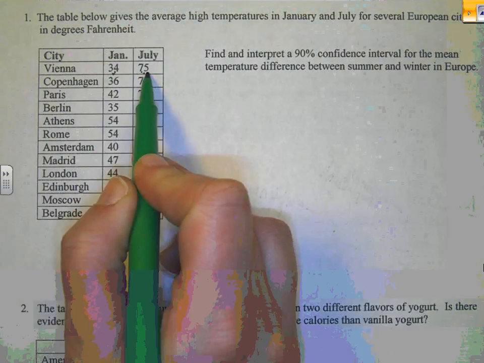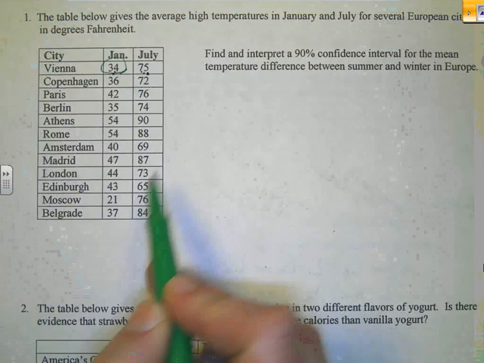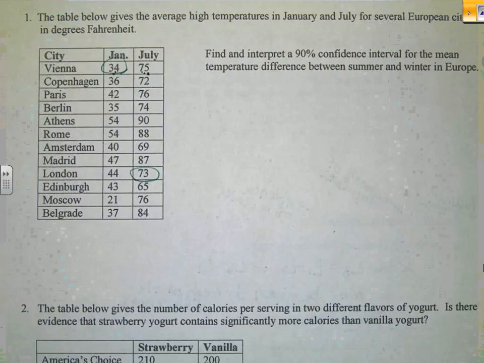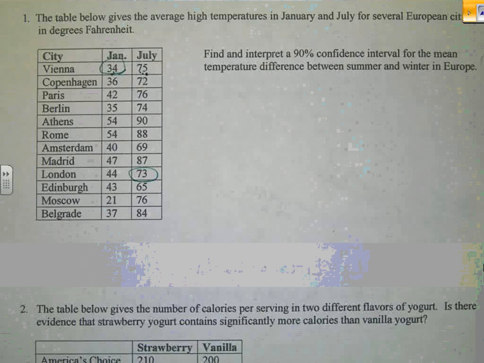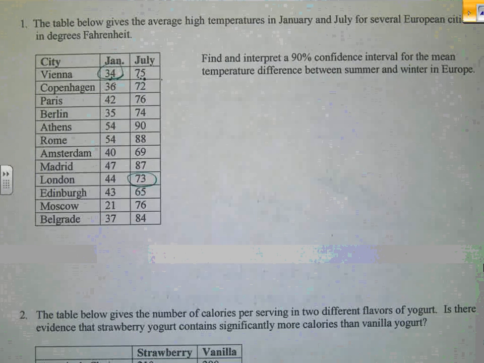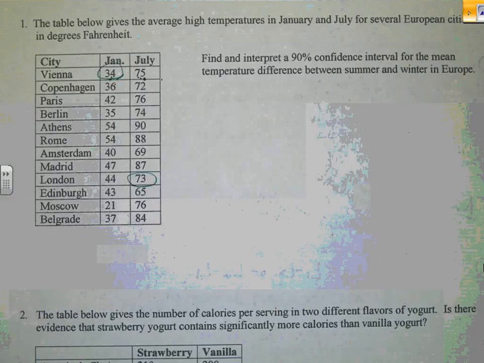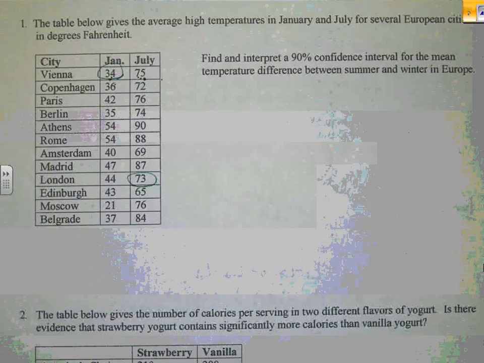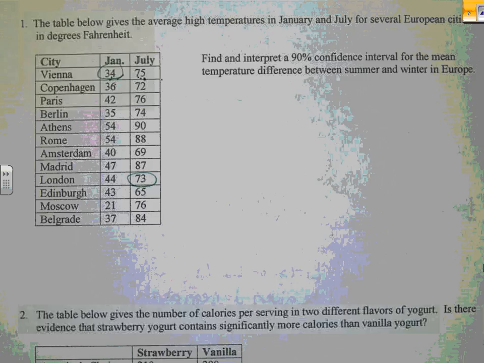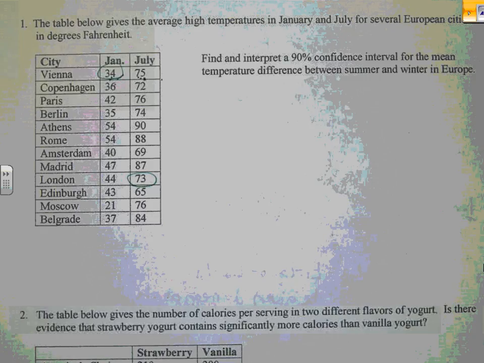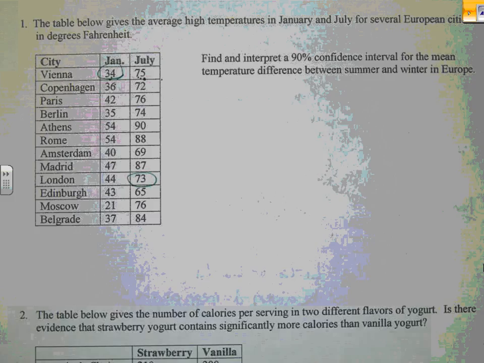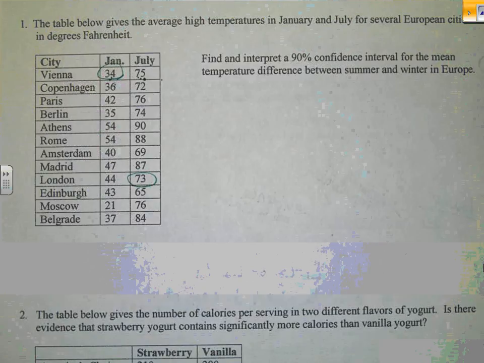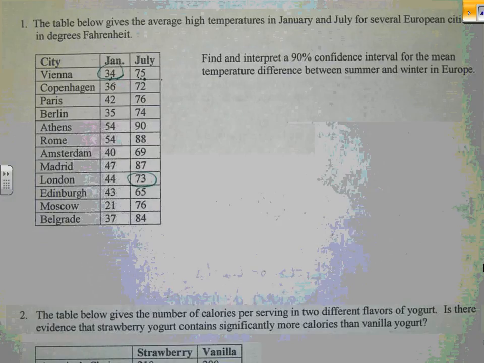If it was just two samples, then I could put 35 with 73 or whatever in any order. Okay, so do you see why in this one it's important that 34 and 75 go together, and then 36 and 72 go together? Right, because they're from the same city. Like I said, if we were doing this class and measuring your height, it wouldn't matter who I matched up together. They could be mixed up. So that's kind of how you know which one to use.